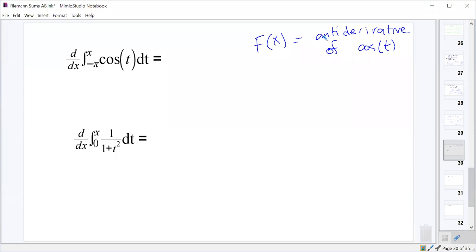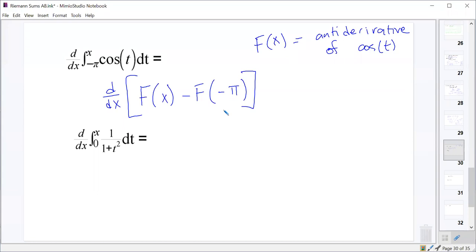And without this derivative here, what does this integral mean? It means evaluate the antiderivative at the upper limit minus the antiderivative at the lower limit. Do you guys agree with that? That's the second part of the fundamental theorem of calculus.